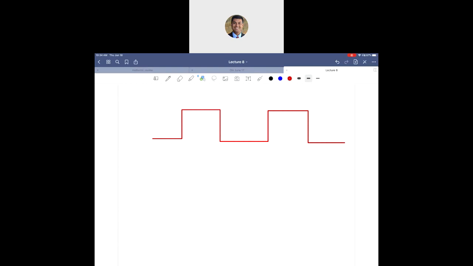Now I want you guys to think about whether you can take a bunch of sinusoids of varying amplitudes and frequency, vary amplitude, vary frequency of these sinusoids, and you can take a bunch of them. You can take as many as you want.